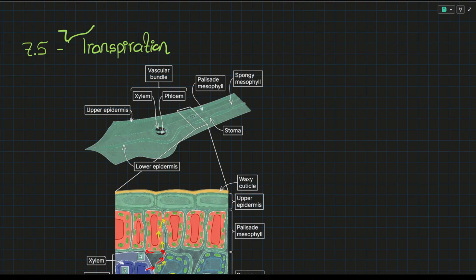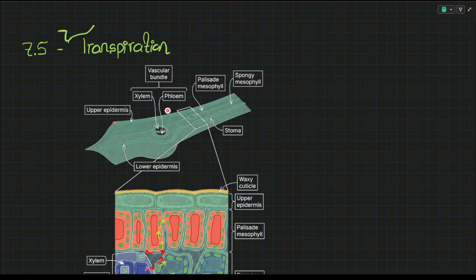Now, transpiration is a very specific process because the movement of water through the specific tissues of the leaf has to be properly understood because water can take different pathways, and according to the different pathways that are being taken, different factors are going to affect the rate of transpiration, but still the overall factors that affect transpiration will remain the same. Right, now let's go through this image that I have for you.